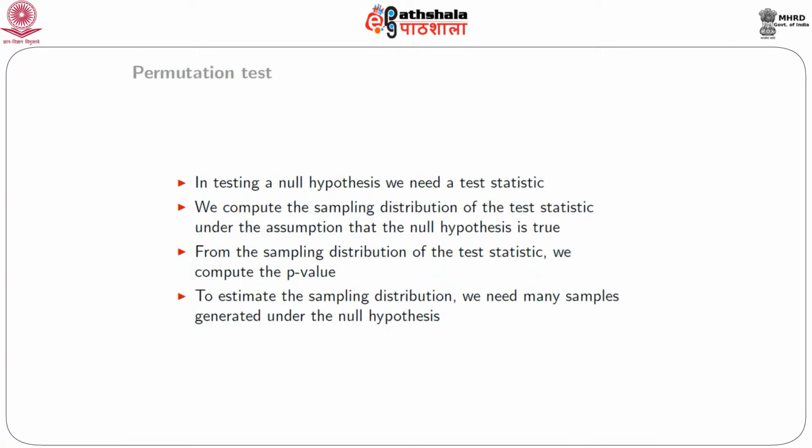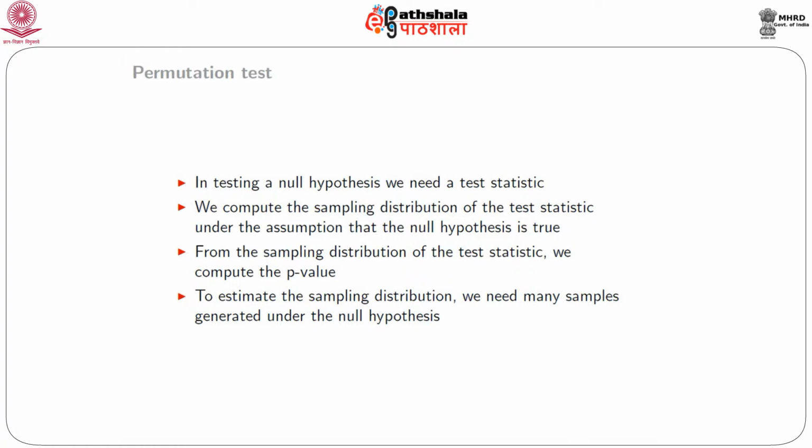Now, the idea behind permutation test is like this, that while testing for any null hypothesis, we need a test statistic, and the test statistic has different values under different alternatives. Now, what we need to do is compute the sampling distribution of the test statistic, assuming that the null hypothesis is true.